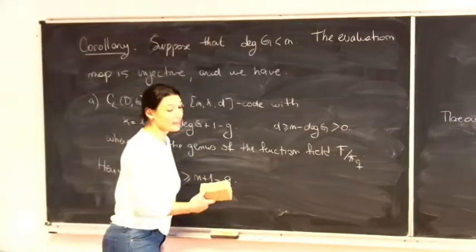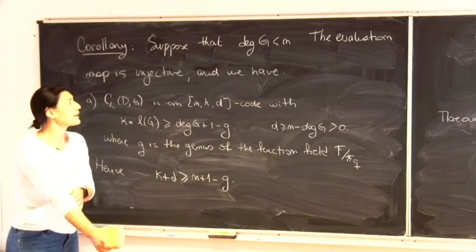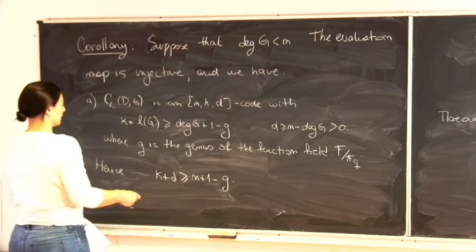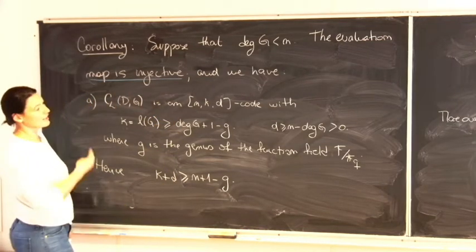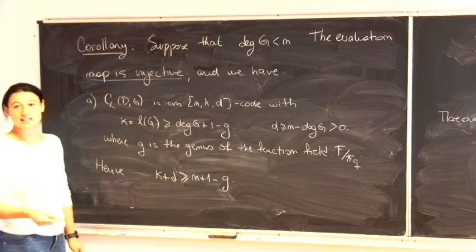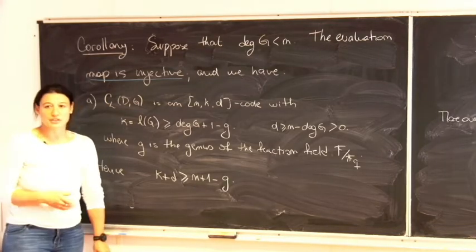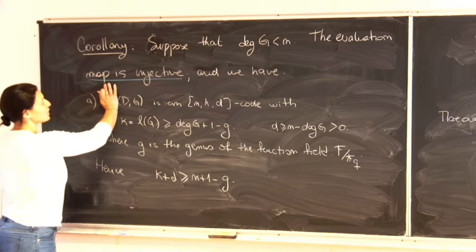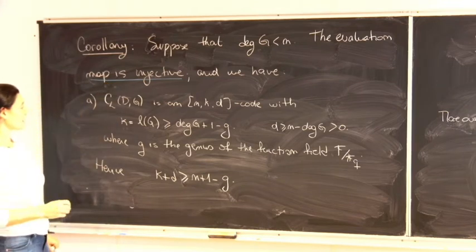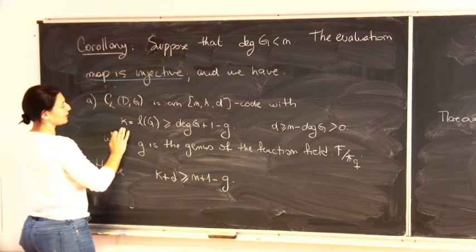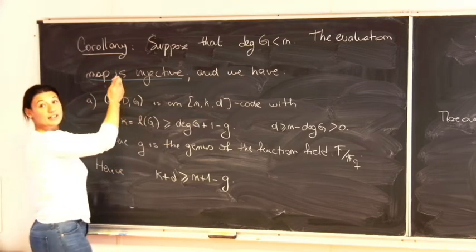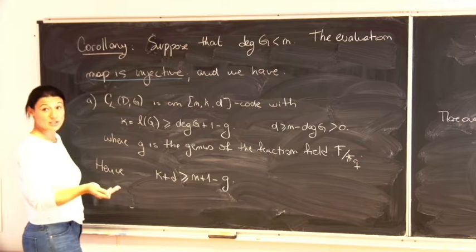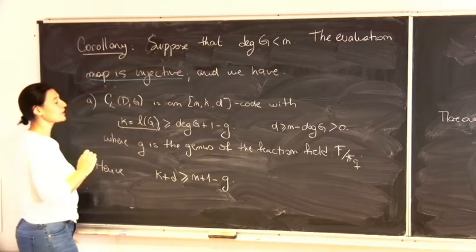And so the only thing that we have to prove here to have this corollary is that the evaluation map is injective. If we have that, then everything is already achieved using other theorems or other results. If I had that the evaluation map is injective, then using the theorem that says that the dimension was the dimension of L of G minus the dimension of the kernel, but if it is injective, the kernel has only the 0, so the dimension is 0, and so we have this equality.